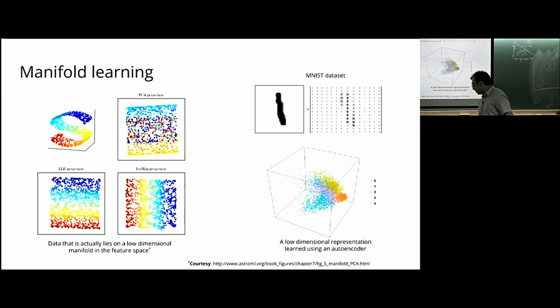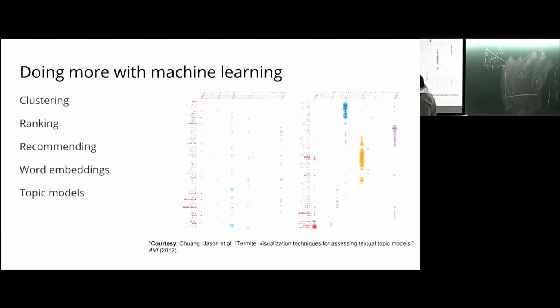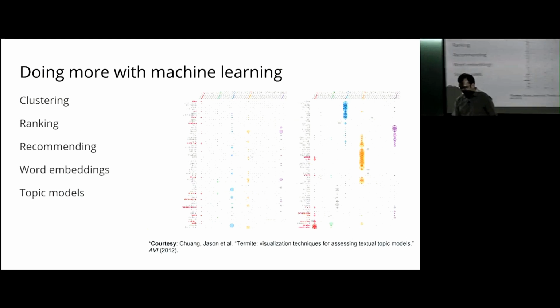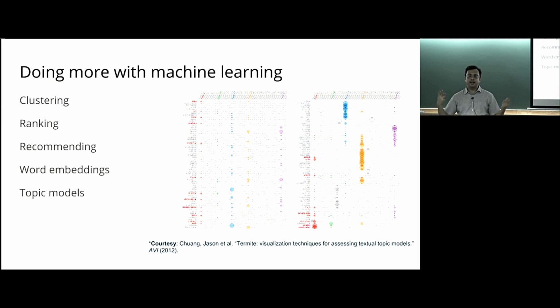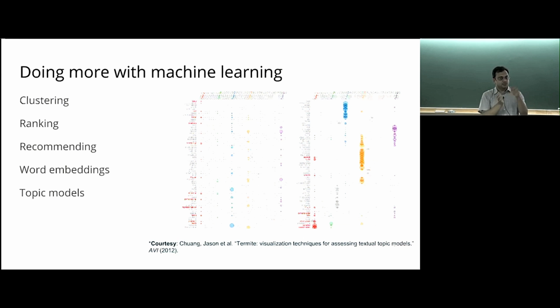What are some of the other kinds of problems machine learning tries to solve? One of them is clustering, right? If you remember the first red, green, blue data set, suppose you did not know the labels. You just knew petal length and sepal length, and you wanted to identify whether these are actually different kinds of flowers. You could potentially do that using the technique of clustering.